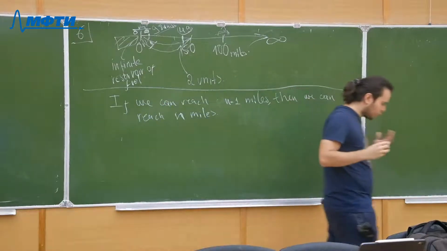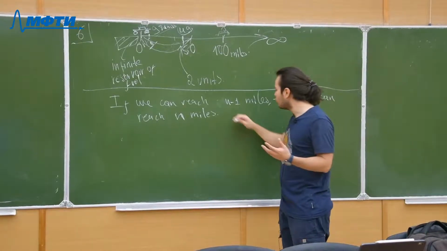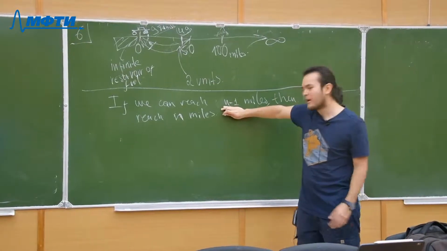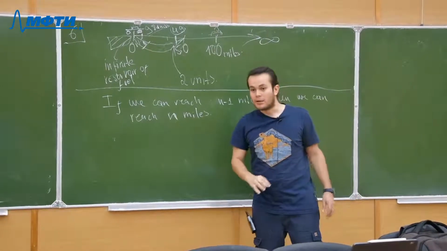So we have to prove this by induction. We have to say, if we are able to go n minus 1 miles, then I will be able to go n miles. But what's the problem here?